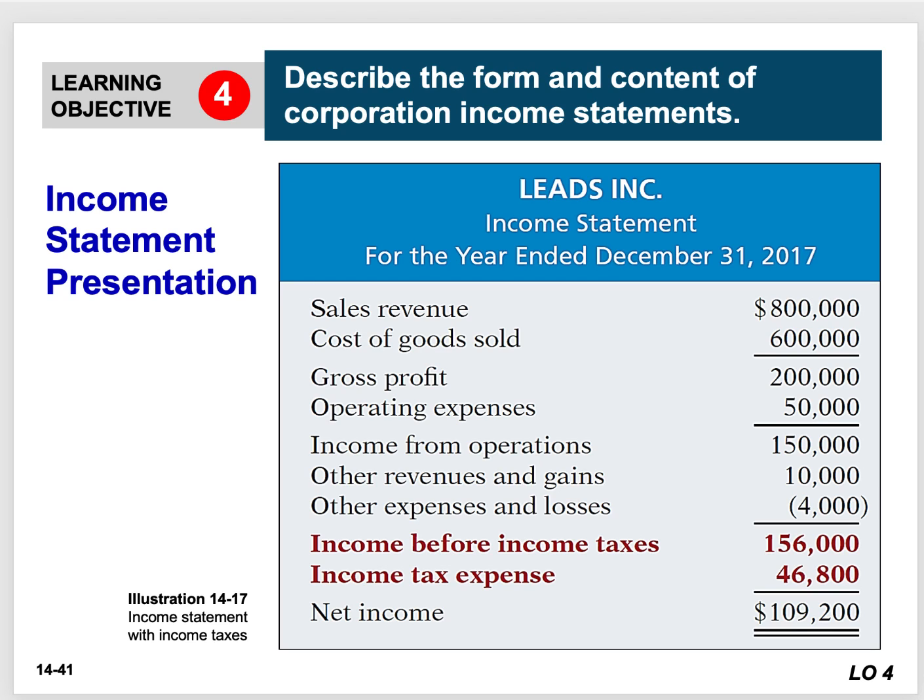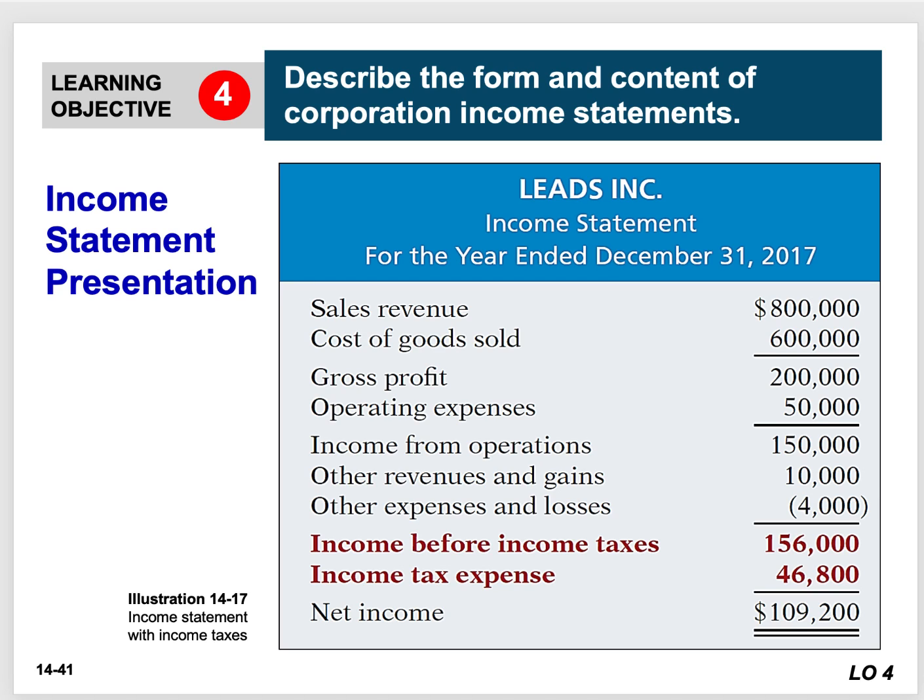And the reason why this income statement is a little different is because notice that we have two new lines here, right? Income before income taxes. We have the income tax expense, and then we have our net income. Okay, so we're adding to the income statement, and remember, the whole purpose of the income statement is to provide investors with information, right?